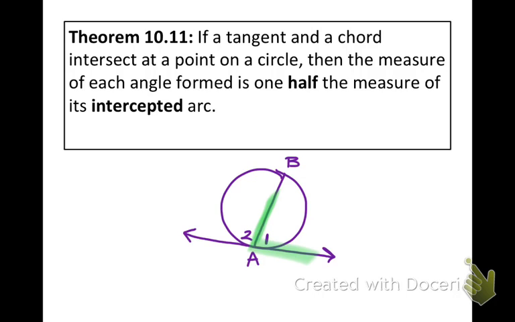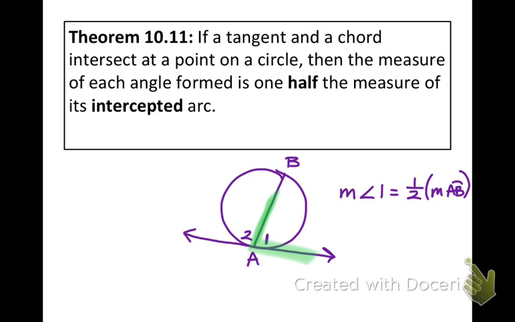So we can say that, I'm going to write it to the side, you write it below, the measure of angle 1 is equal to 1/2 the measure of arc AB. So everybody sees arc AB, right? Shortest distance between the two. So whatever this arc is, angle 1 will be equal to half of it.